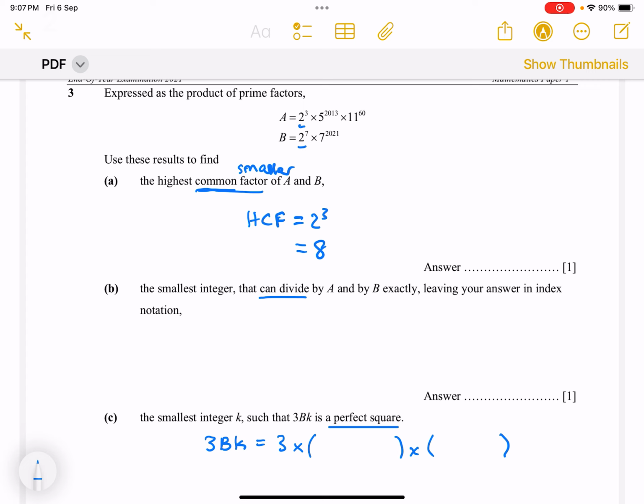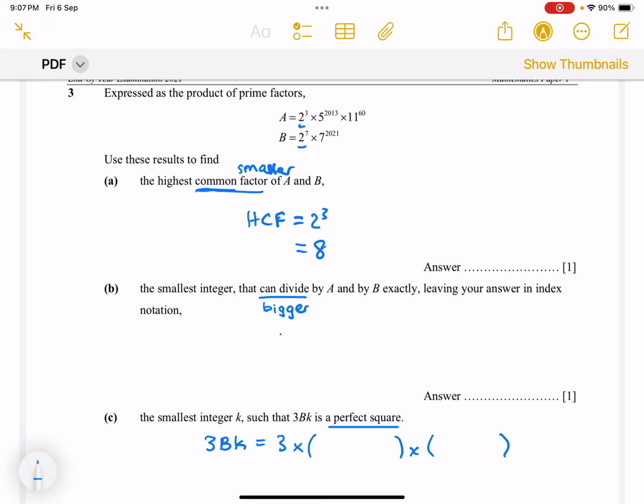In the next one, we have the smallest integer that can divide by a and b. So if it can divide by a and b, that means it's bigger than a and b. So if it's bigger than a and b, it also must contain both factors belonging to a and b. So in this case here, we are picking the bigger number.